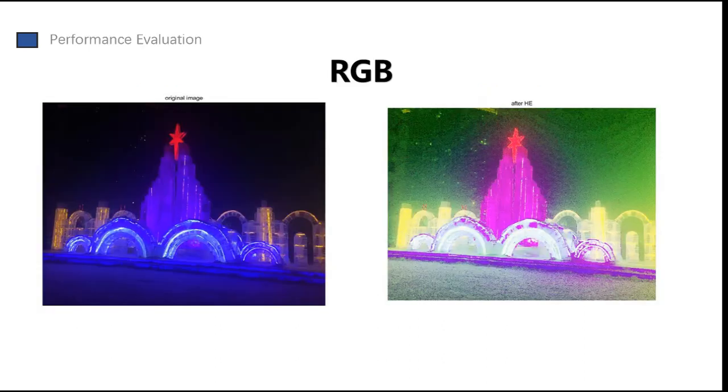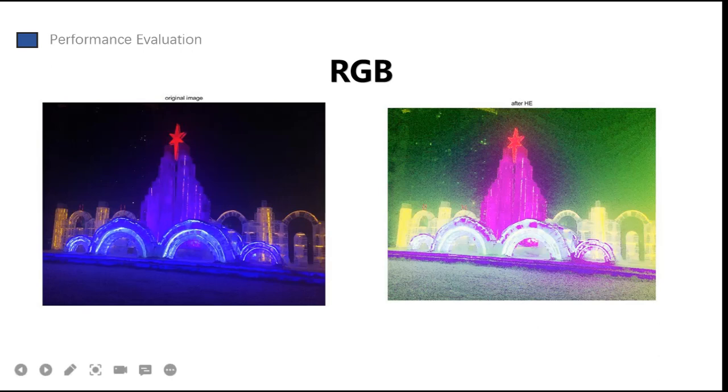Here is performance evaluation. The left figure is the original image, and the right one is processed by HE on RGB channels. As we can observe, this method greatly improves contrast of the original image. However, there are several drawbacks.